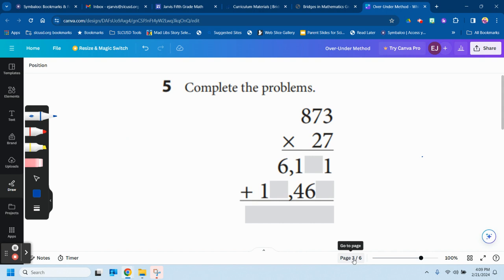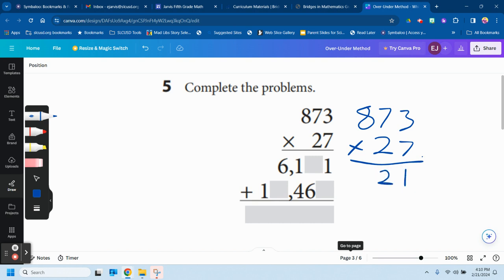All right, so now with these, I find these for myself a little daunting. I don't like doing it this way with the blanks. I'd rather just solve it out. 873 times 27. Now I'm going to break it into two partial products, 7 times 873 and 20 times 873. And I'm going to carry the tens here instead of writing it. 7 times 3 is 21.